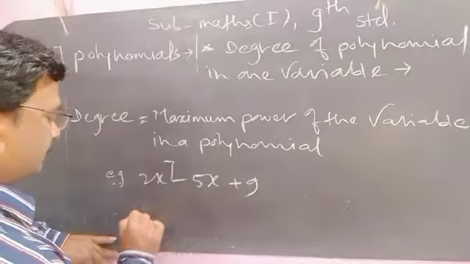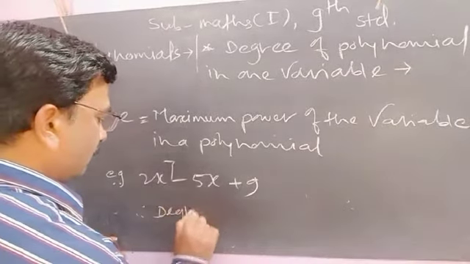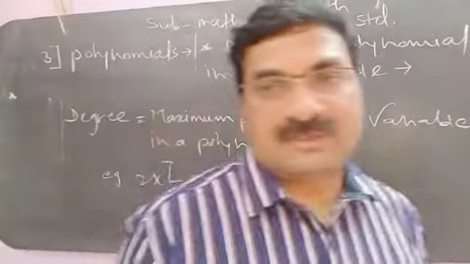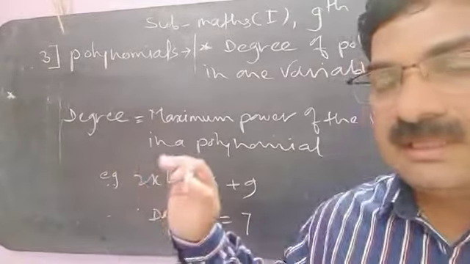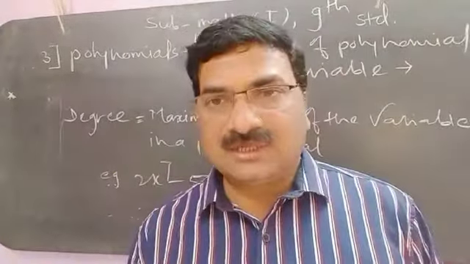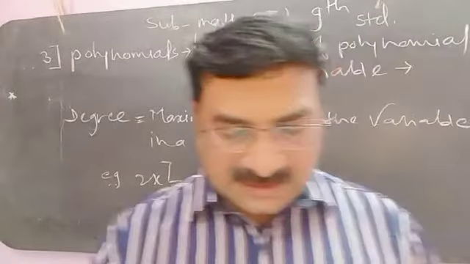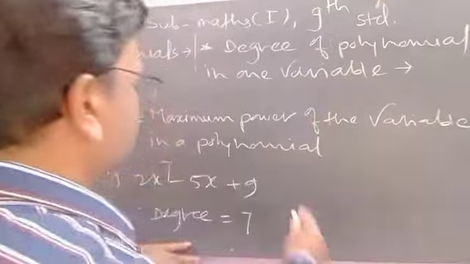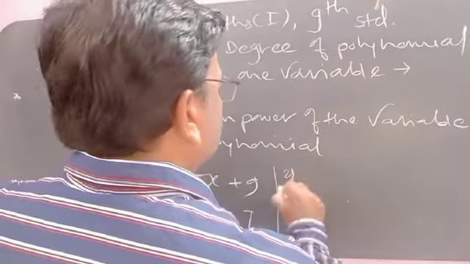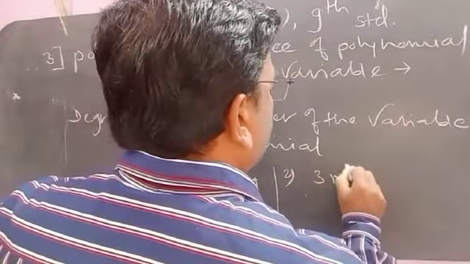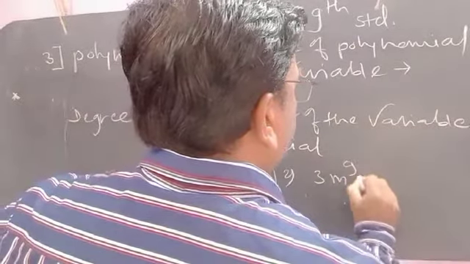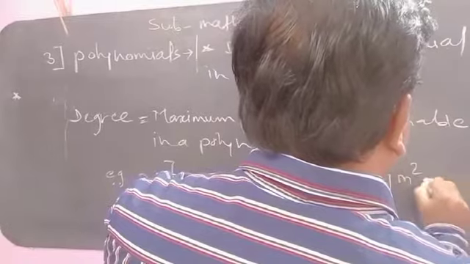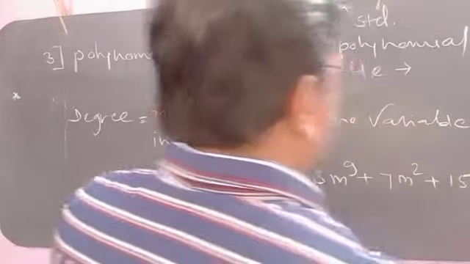Therefore, the degree of that polynomial is 7. The maximum power of the variable in that polynomial is called the degree of that polynomial. We will take another example: 3m raised to 9 plus 7m square plus 50.